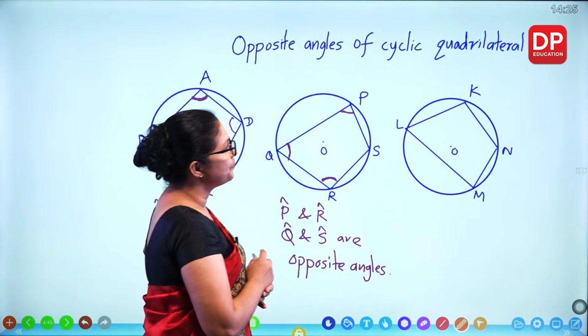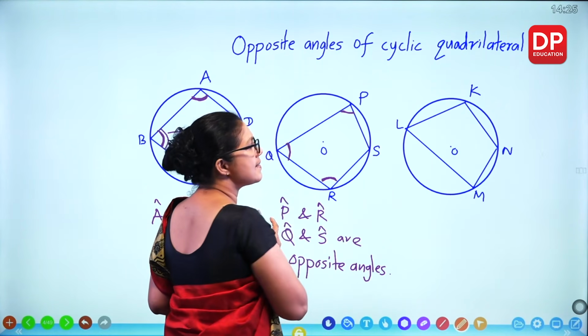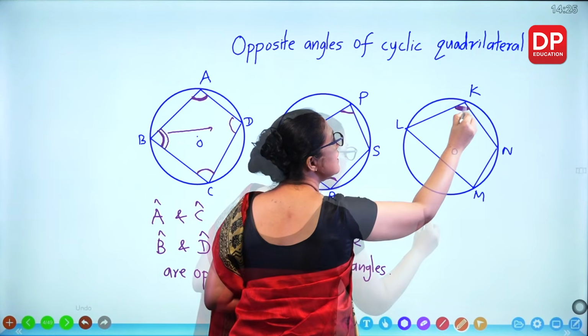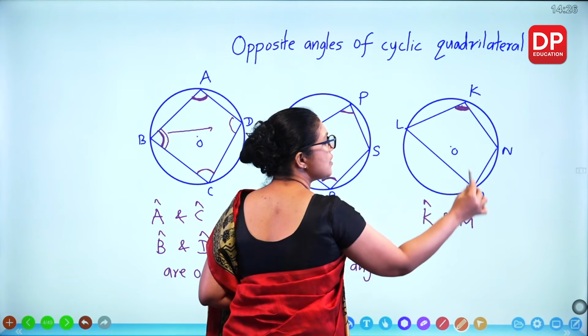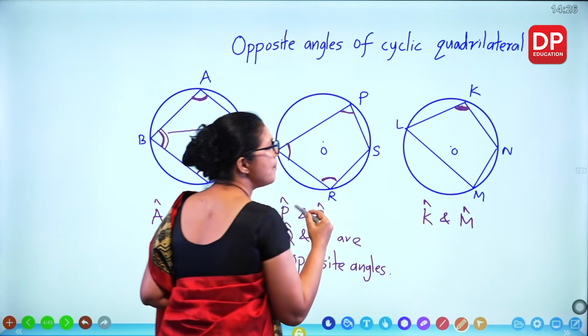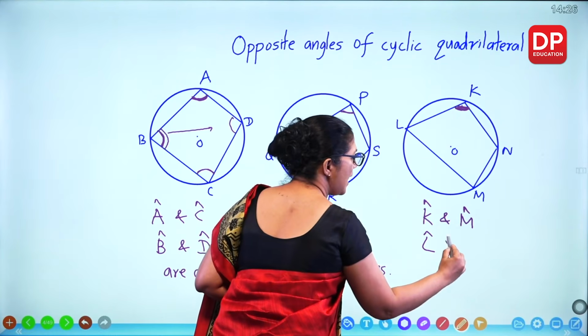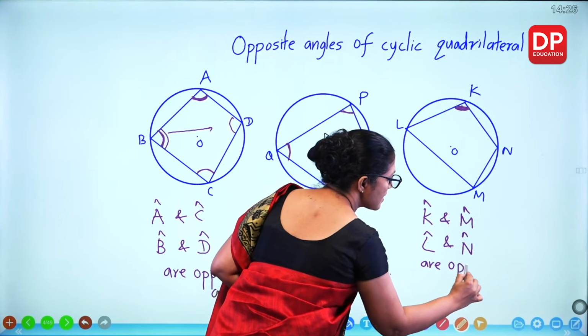This one. KLMN is a cyclic quadrilateral. If you take angle K, opposite to this is M. K and M, or L with the opposite one N, are opposite angles.